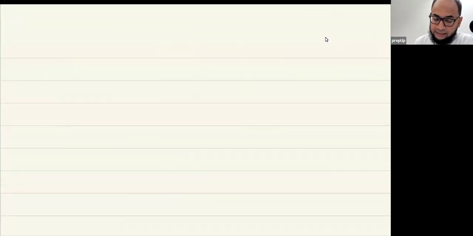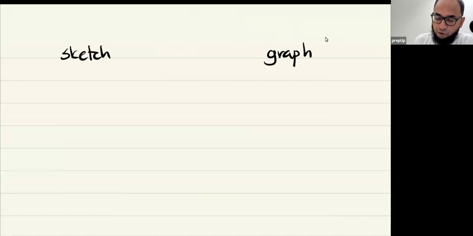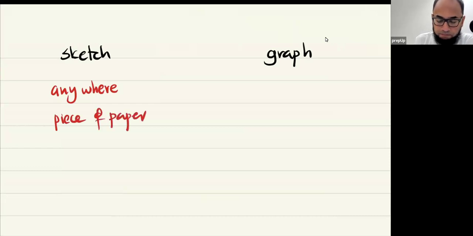Now, first of all, what is the difference between a sketch versus a graph? First of all, a sketch could be drawn anywhere. It could be drawn on a piece of paper, on a glass surface, or on a whiteboard.